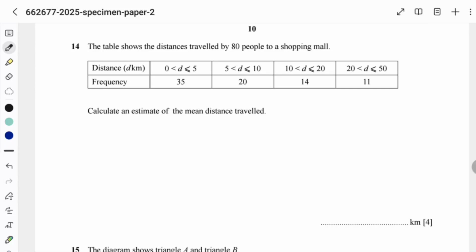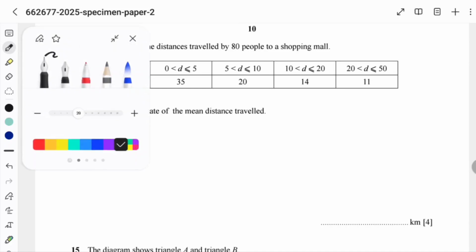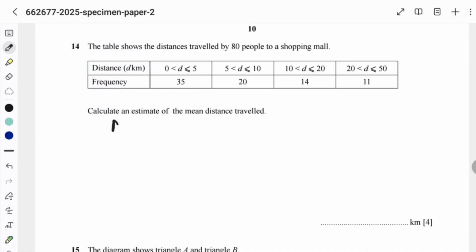Mean of the data is the sum of fx divided by the sum of f. As it's grouped data, for the value of x we'll find the midpoint. The midpoint for 0 to 5 is 2.5, for 5 to 10 it is 7.5, for 10 to 20 it is 15, and for 20 to 50 it's 35.